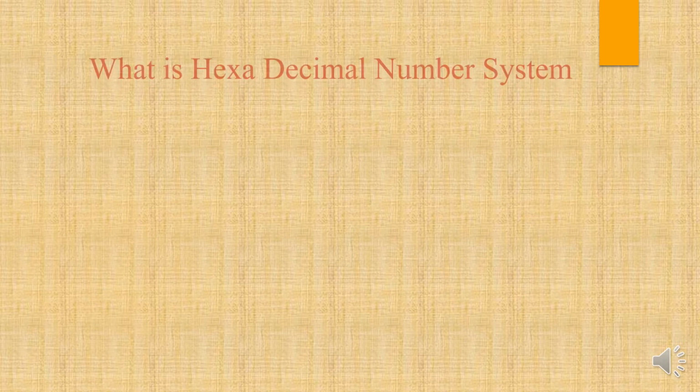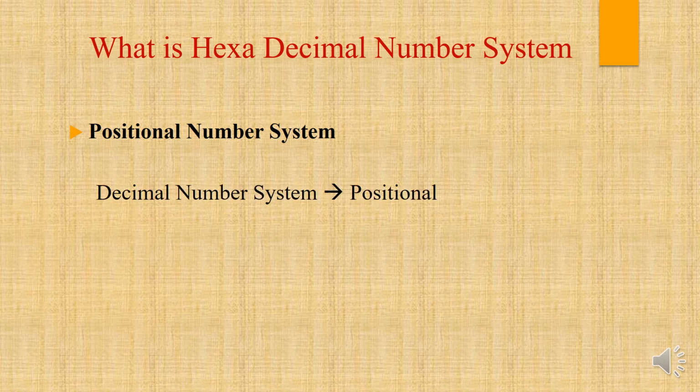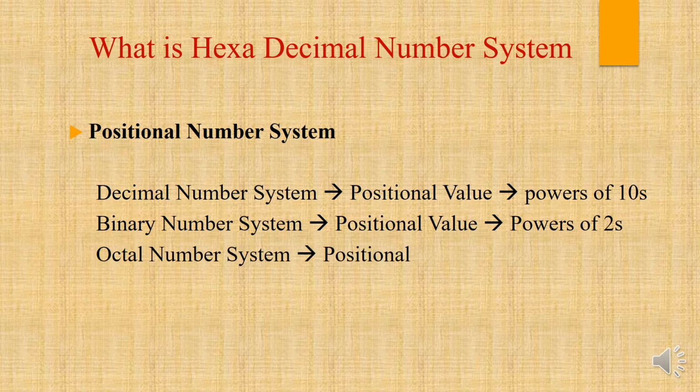So the next point in the hexadecimal number system is the positional number system. The hexadecimal number system is a positional number system, same like the decimal, binary and octal number systems. In the decimal number system, the positional value increases in the powers of 10, and in the binary number system, the positional value increases in the powers of 2, and in the octal number system, the positional value increases in the powers of 8.